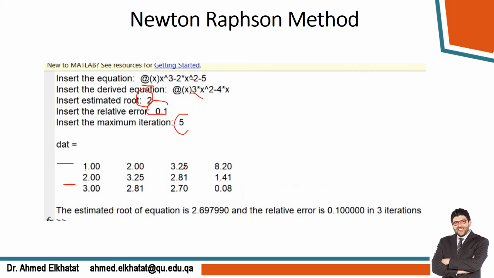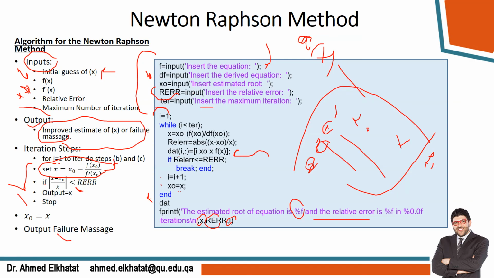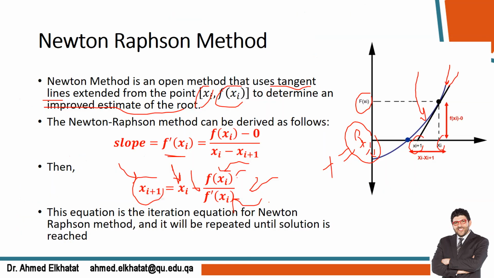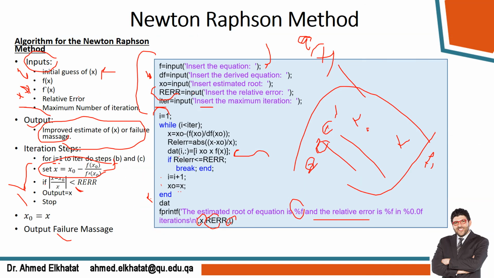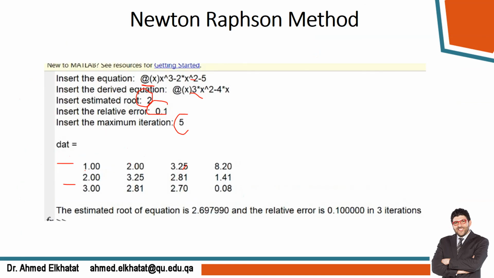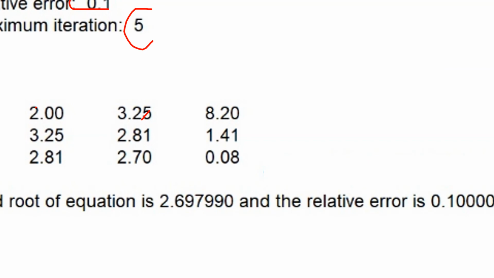If you want, you can put display before that and identify these items before putting that. You can do it by yourself. Then the estimated root of the equation is this, and the relative error is this one.